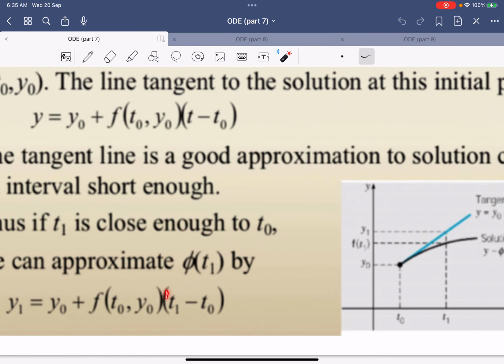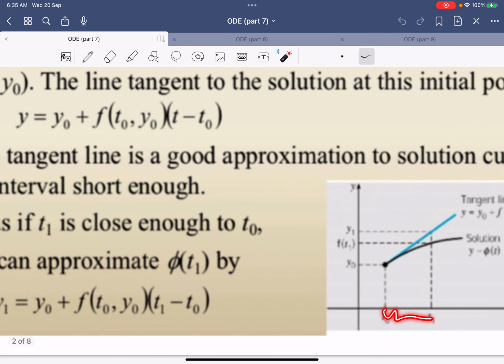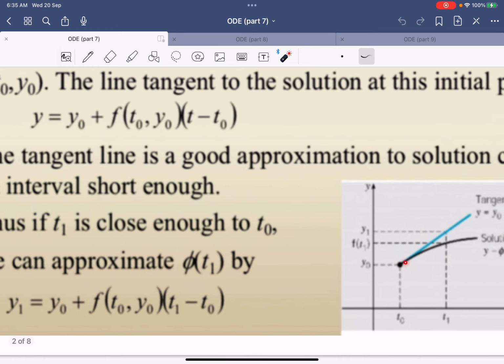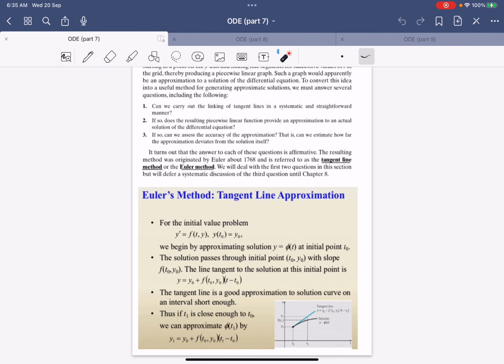Then you just need to multiply by the interval that you want to change by, and that will give us the change in y. Then you just add it to the initial point to get here. So that's y1.